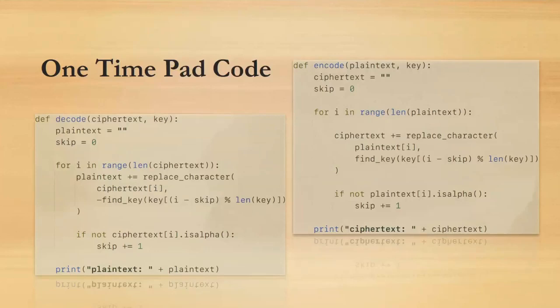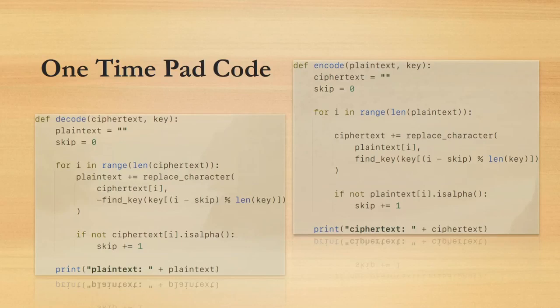For this we will use a range for plain text, where we will replace the character. For finding the key we will skip, then take the length and divide it by the length of the key. Then if the ciphertext is not like the index, we will increase the number of skip. Then finally we will find the plain text from the ciphertext.